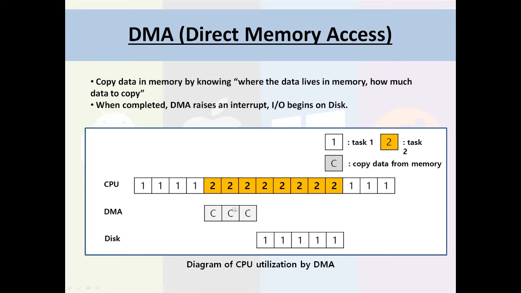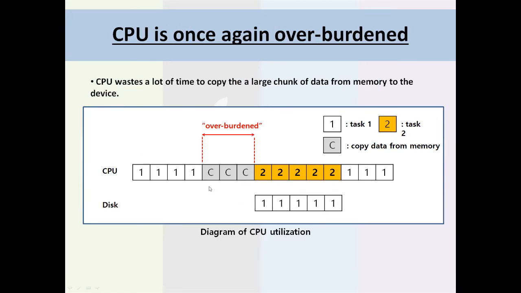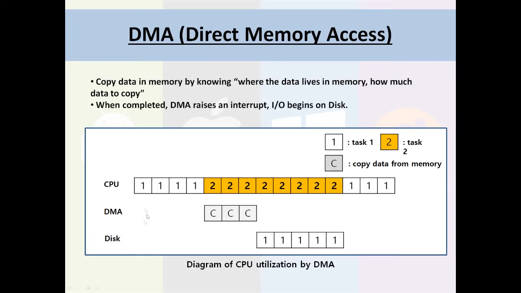You can see that our DMA is handling the copying, right? So the CPU is much more utilized. The disk component basically stays the same. So this is a lot more efficient compared to this timeline here, where in this period of time, the CPU is not doing anything, but it could be. So that is the DMA.